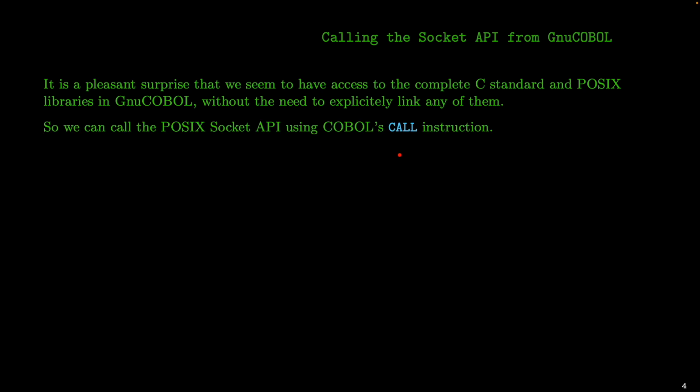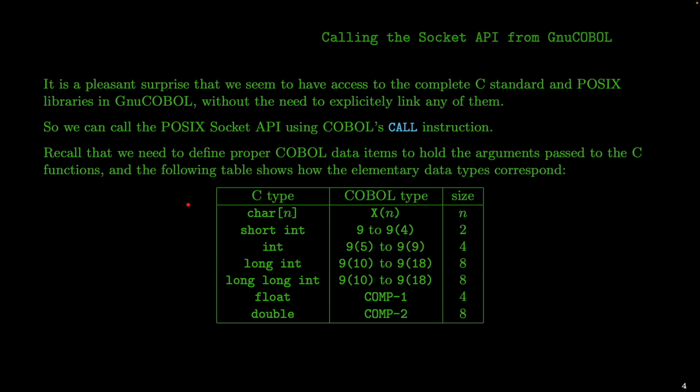In particular, we can use COBOL's call instruction to call all the functions in the POSIX socket API. And before we begin, let's quickly recall how we translate C data types into COBOL data types. We already had this in chapter 4, but for this video it's important to remember it.